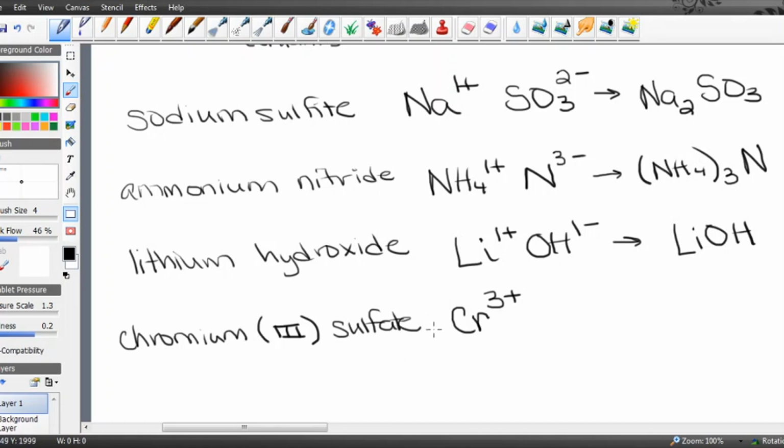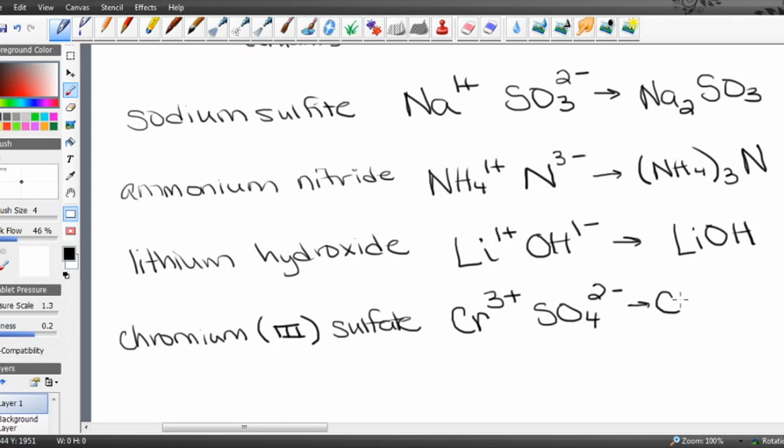Sulfate: go look on your polyatomic ion list that you printed out, or maybe you've already memorized them. Sulfate is SO4. The whole thing has a 2- charge. I need to balance out a 3+ with a 2-, so I need to get to a 6+ and a 6-. That's my least common multiple.